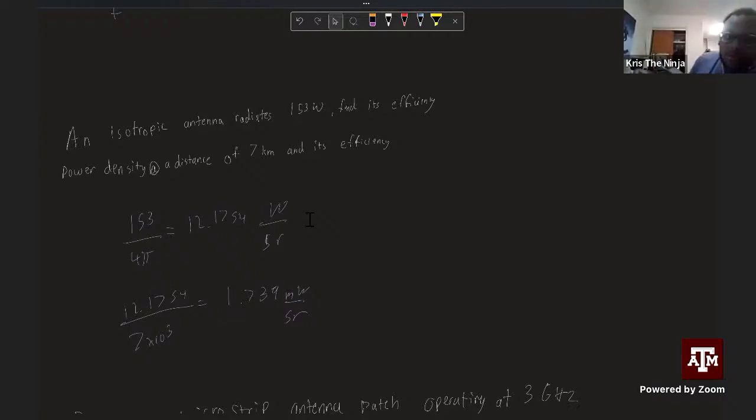Okay, so this is based off of question two. All it asks for is the radiation intensity and the power density. So we found radiation intensity, the 12.74, right? Yeah. And then the power density is the 1.739 watts.